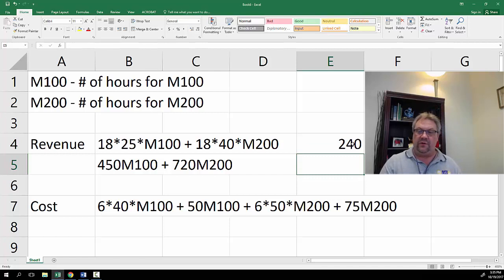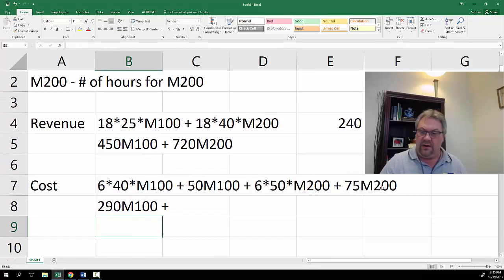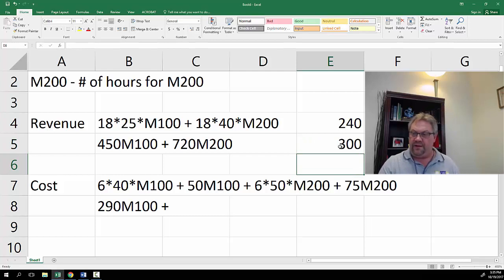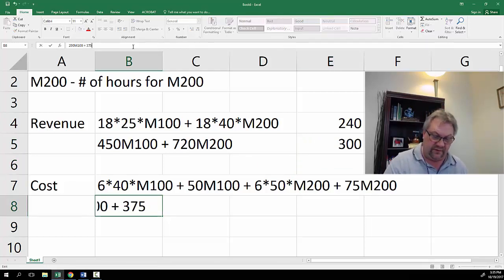That's 240 plus 50. So this is going to cost me $290 an hour for the M100. And then for the M200, I have 6 times 50. That's 300 plus the 75. So that's 375.